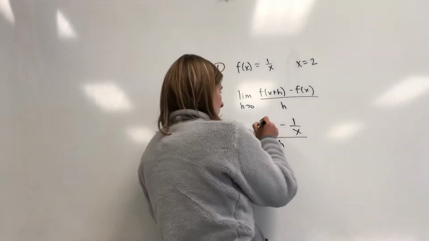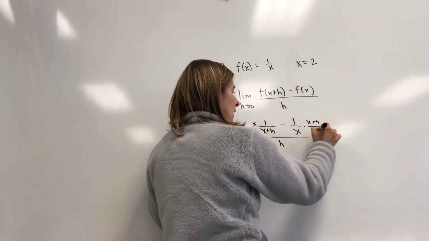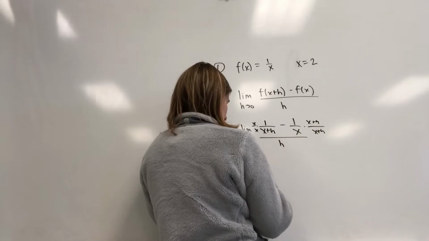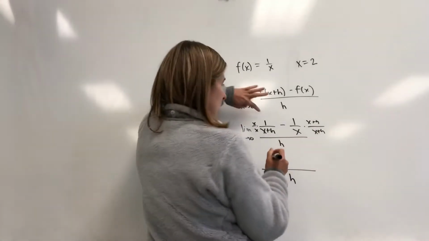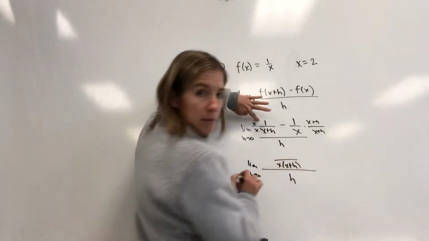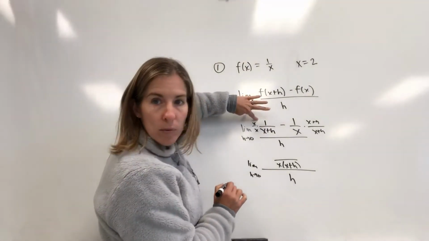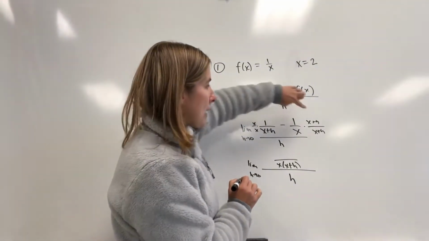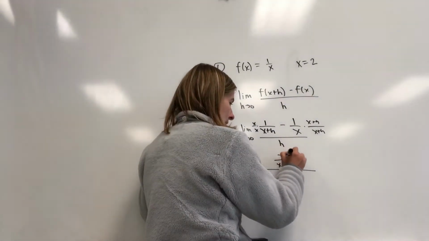So I'm going to multiply this by x over x and this by x plus h over x plus h. So now I will have this common denominator of x times x plus h there. And then I'm gonna figure out what's gonna be in the numerator. So I have x minus h. So that leaves me with just a negative h.